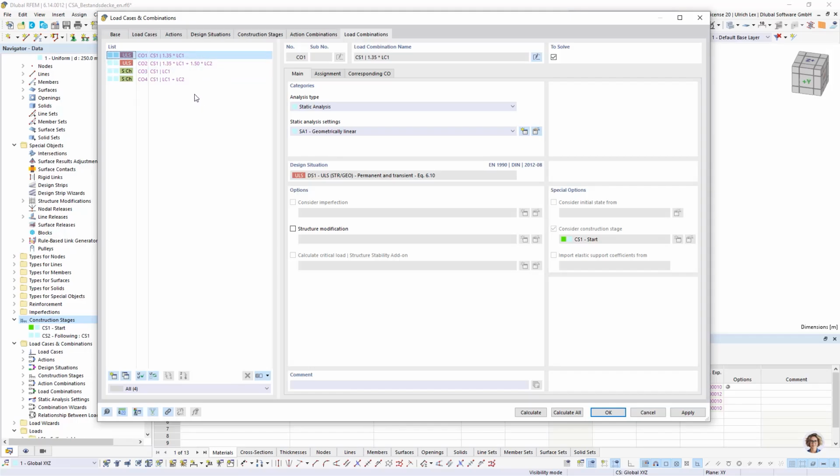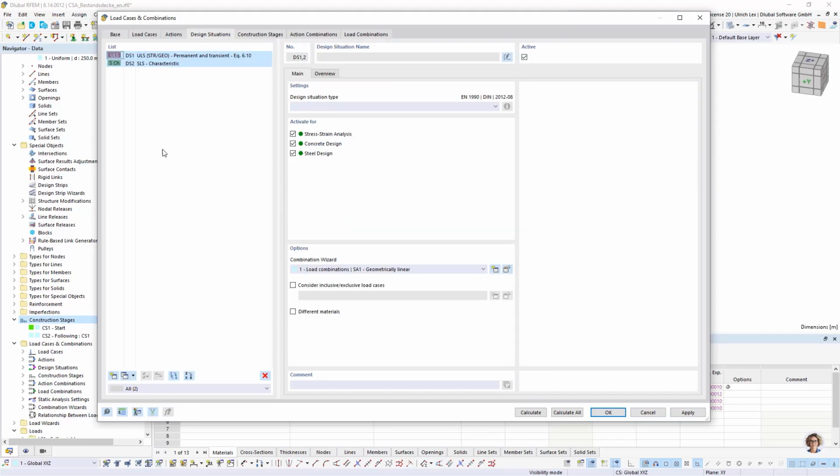The same I can do for a second stage. Here I only create 2 new design situations.